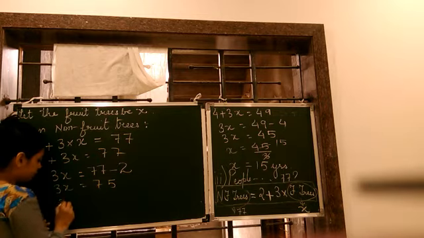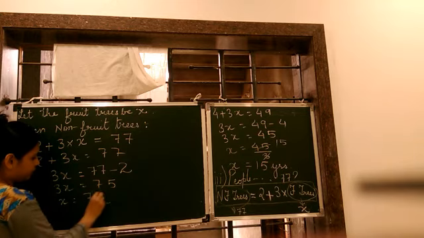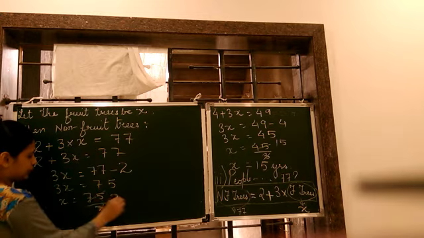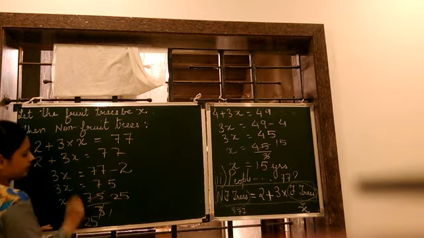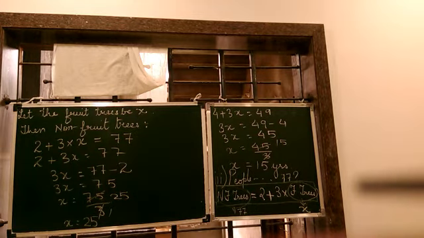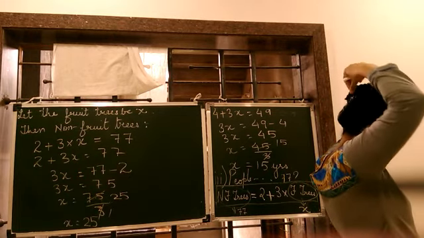Multiplication will become division. x is equal to 75 divided by 3. So 3 2s are 6, 3 5s are 15. So the value of x is 25. That means the number of fruit trees was 25 and non-fruit was 77.